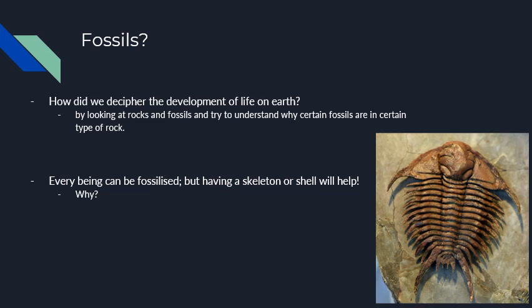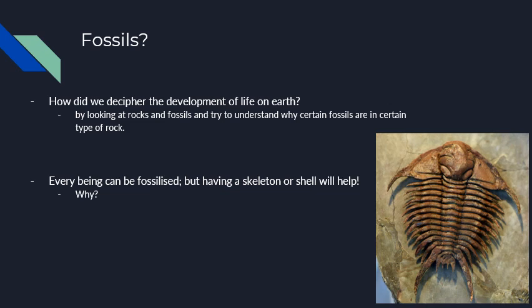And of course you have to know that every being on our planet can be fossilized. But if this animal does have a skeleton, which of course contains chalk, or if it's got a shell, it will help us. Why is this?